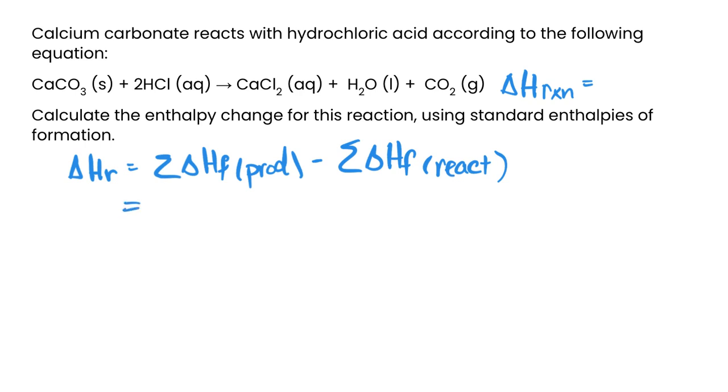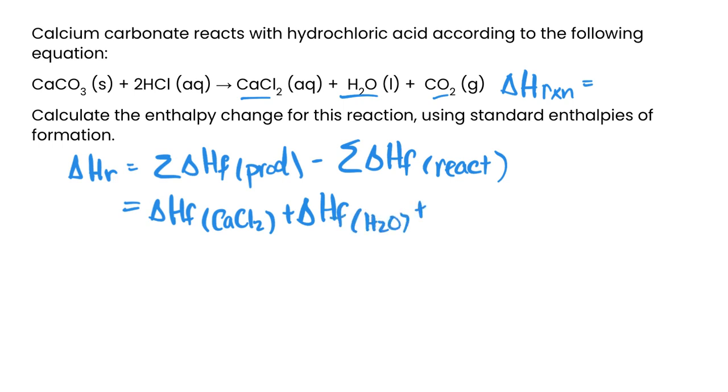So sometimes it's kind of nice to go through and lay each one out just so you know what you're doing. So we got the delta H of formation of calcium chloride plus the one for water plus the one for CO2.